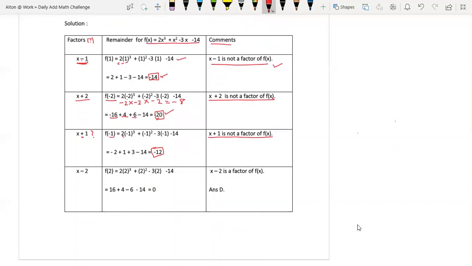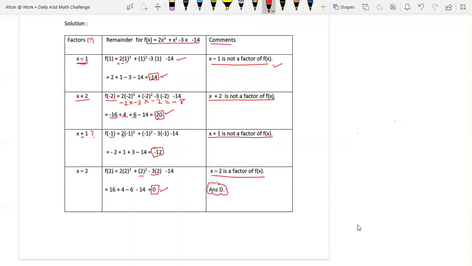We substitute f of 2. 2 cube gives me 8. 2 eights are 16. 2 square gives me 4. 16 and 4, 20. Minus 6 is 14. Minus 14 is 0. So once you get a remainder of 0, the factor theorem says that x minus 2 must be a factor of f of x. So we will go with answer D.